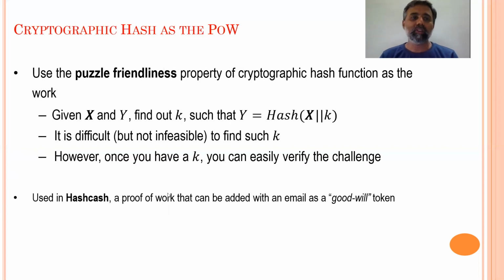So this cryptographic hash function can be used for proof of work. In hashcash, this concept is used as a proof of work that can be added to an email as a goodwill token.